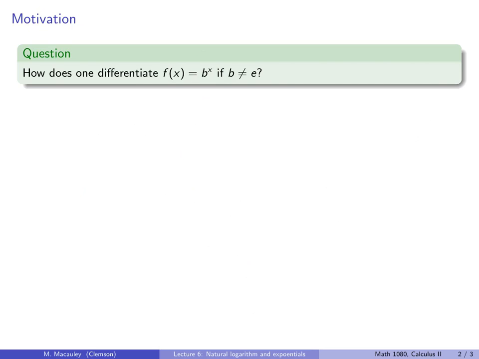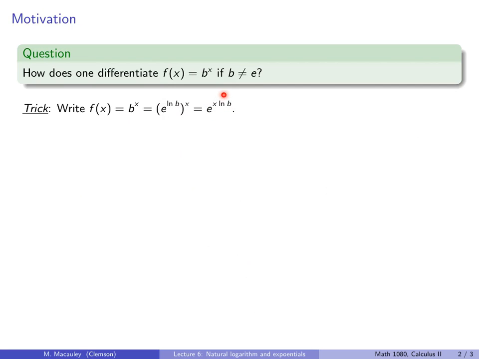And, well, first of all, let me even ask you a more basic question. How do you even define b to the x? Realize that the definition of b to the x is just e to the natural log of b to the x, which is just e to the natural log of b times x.